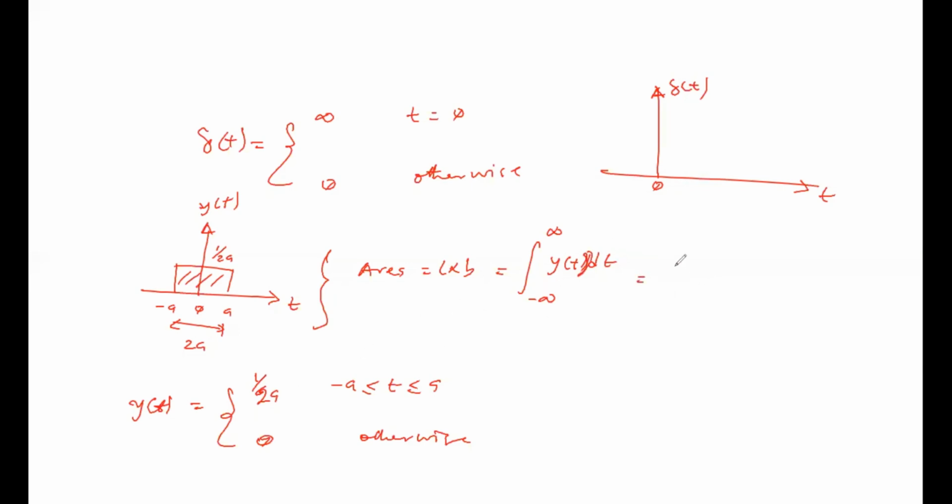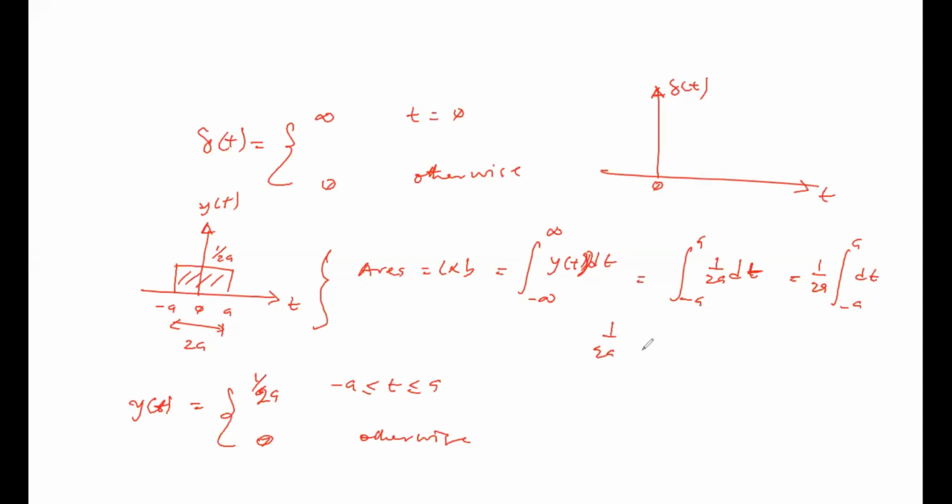So this will give us the integral from negative a to a of 1 over 2a dt. This is a constant, so it comes out: 1 over 2a times the integral from negative a to a of dt.